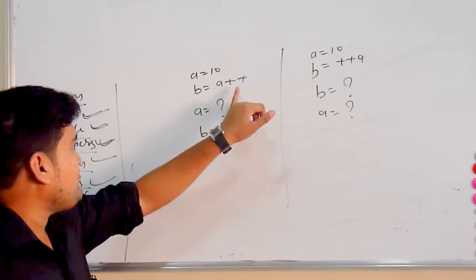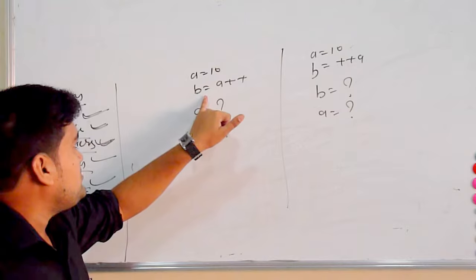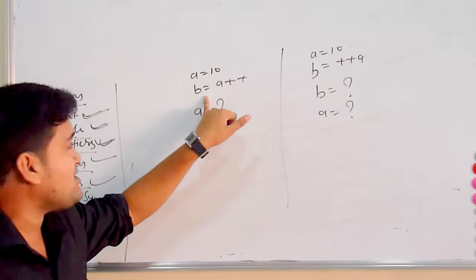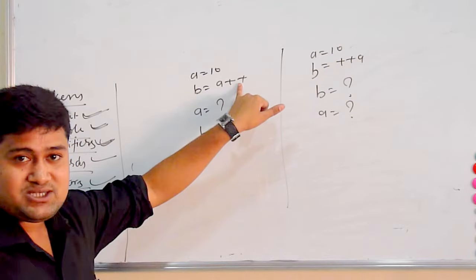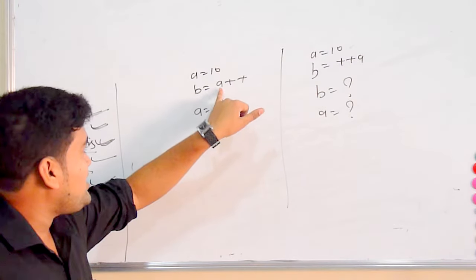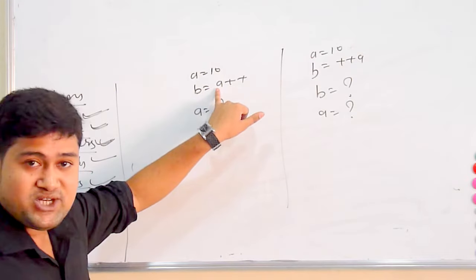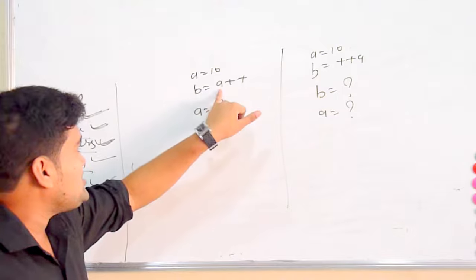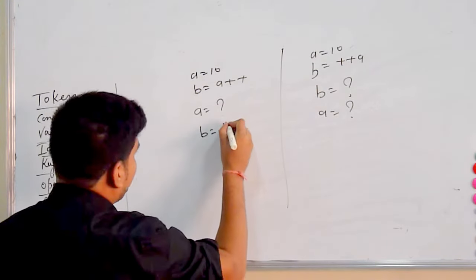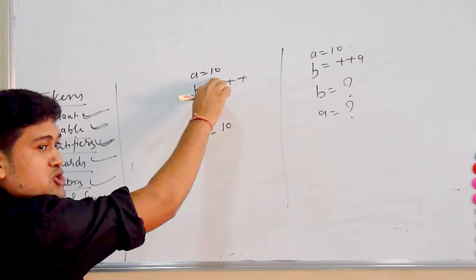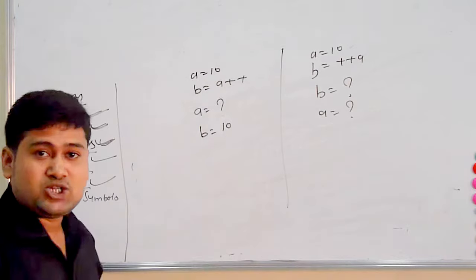Okay, so in the very first step we have to check what operation is happening here. Now b equals to a plus plus means the value of a is initialized to b. What is the first operation done? It is initializing the value of a to b. So the value of b is 10. Why? Because the value of a is also 10. So 10 is initialized into b. So the value of b is also 10.